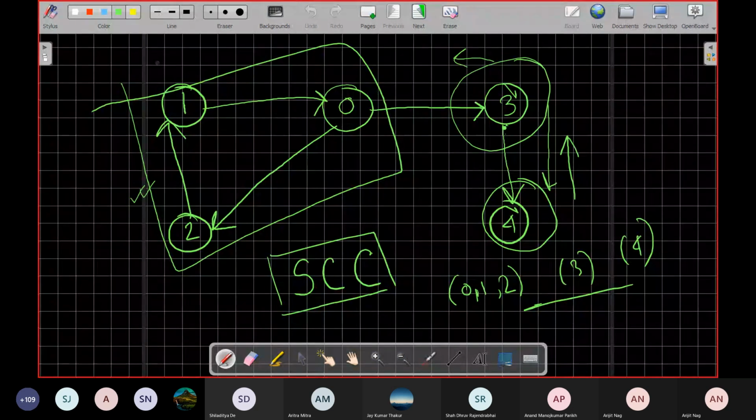The thing is, how will you use this to do this? Suppose you find the cycle 1, 0, 2, and this cycle you will find. That is fine. How will you discover that 3 and 4 are also there? So you are saying that you will iteratively use the cycle detection algorithm throughout the graph? Yes, sir.